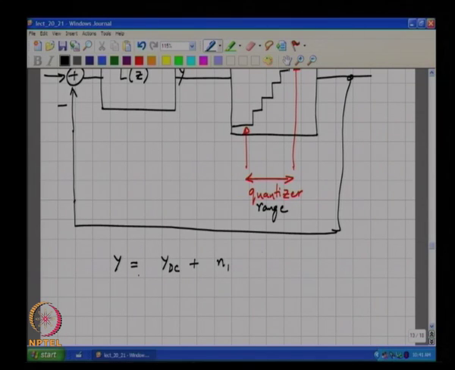The input to the quantizer is y, which is y dc plus n1. This goes in through a quantizer and the output is v, okay.